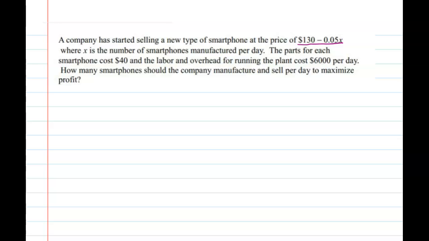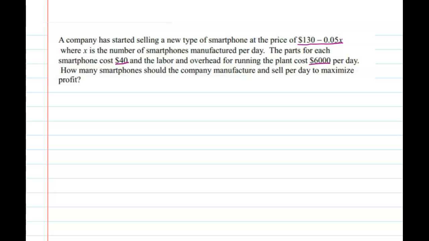The parts cost $40, and the labor and overhead costs $6,000 per day. So that's maybe paying people, paying for electricity for the building, things like that. We want to know how many smartphones the company should manufacture and sell per day to maximize profit.